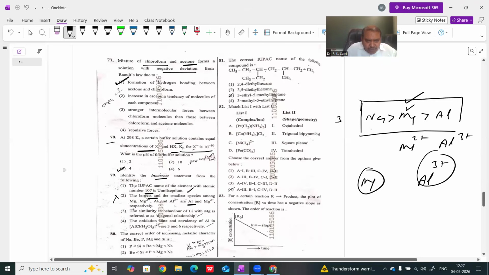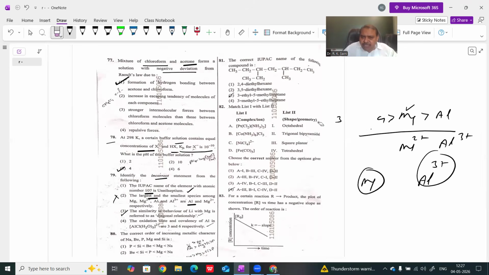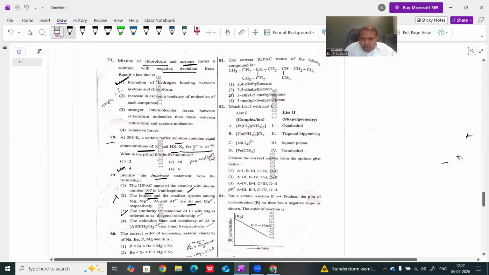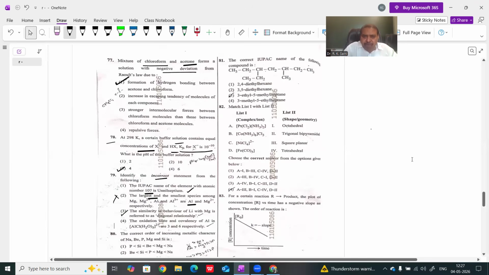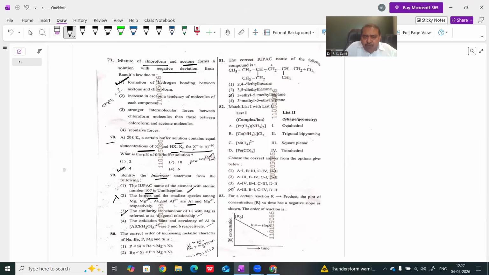This is the incorrect option. Similarly, lithium and magnesium have a diagonal relationship. Option 4 is also correct, because the oxidation state of aluminium in this species is plus 3, and the covalency of aluminium is 6, because 6 covalent bonds are formed.